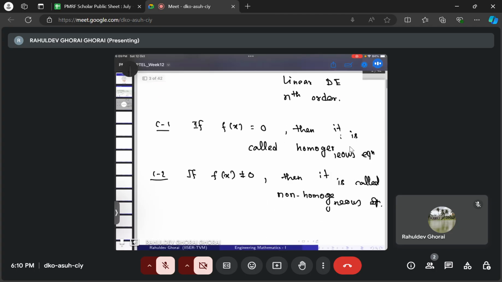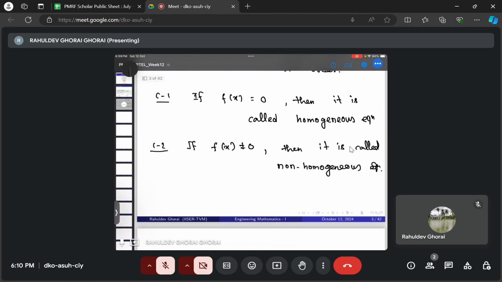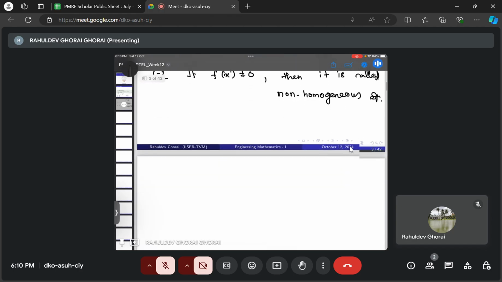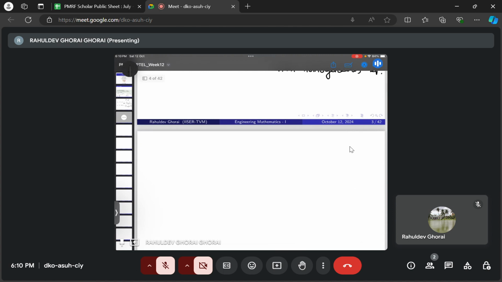So let's now start with how to find the solution. Let's say you want to find a solution of this type: y'' plus y' plus y is equal to x.